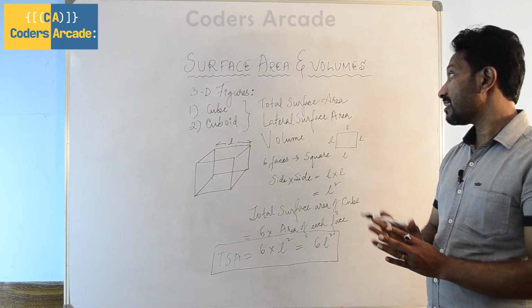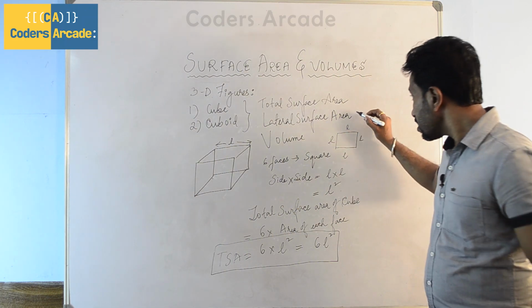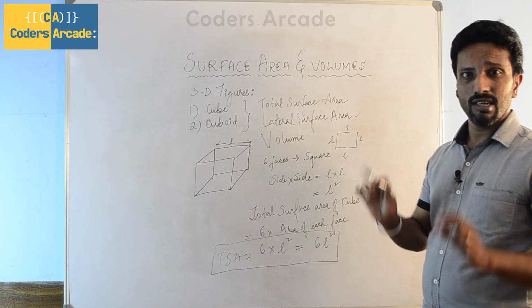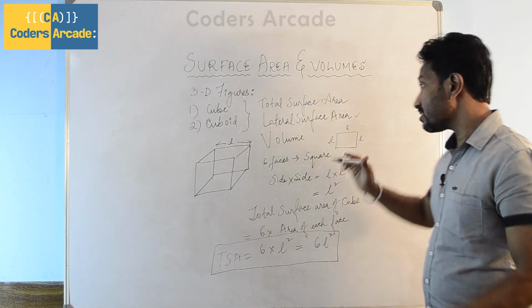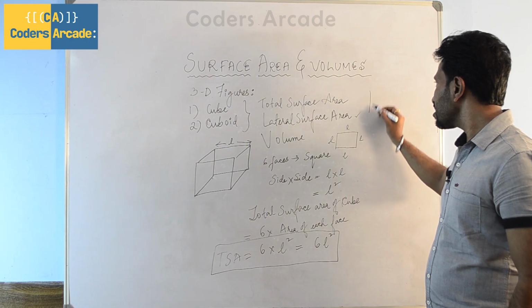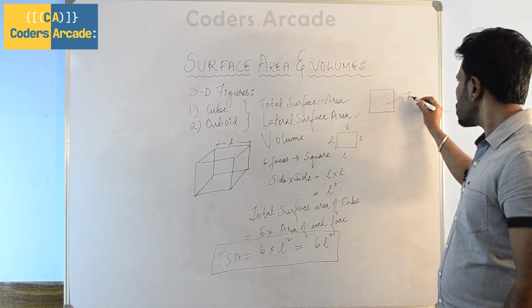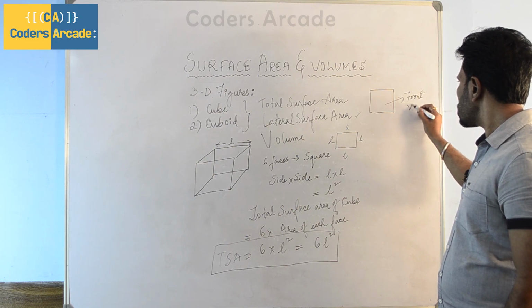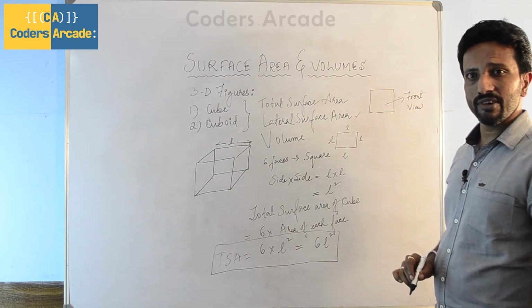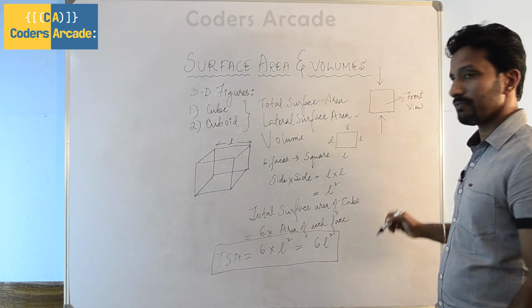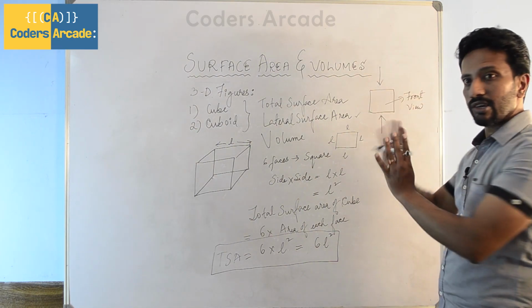Now the next topic, as I said, it is lateral surface area. So in case of lateral, we have to use a simple logic. Whenever we see something from the front view, then we don't see anything from the top and from the bottom. So these two faces are not seen by us.